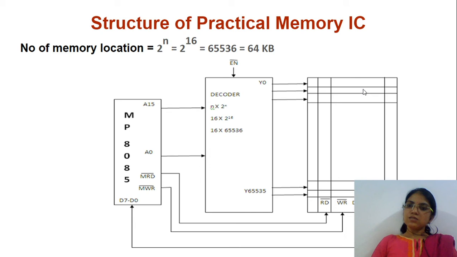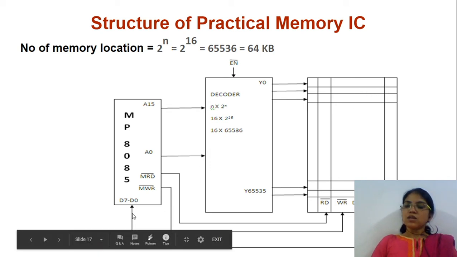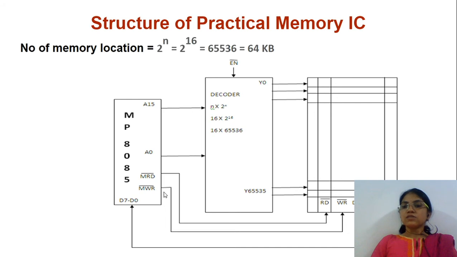After selecting the specified memory location, second step, transfer 8-bit data on data lines. Data is available with the MPU, so the microprocessor will send 8-bit data on the D7 to D0 lines by using a software instruction. Third step is to transfer the signal related with the writing.